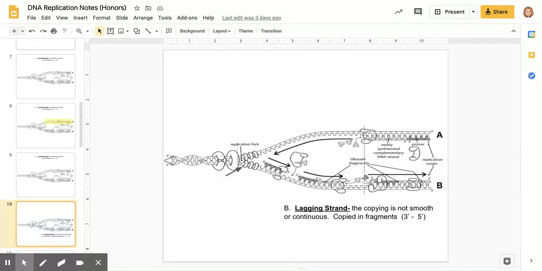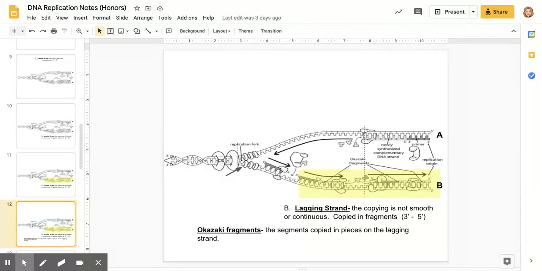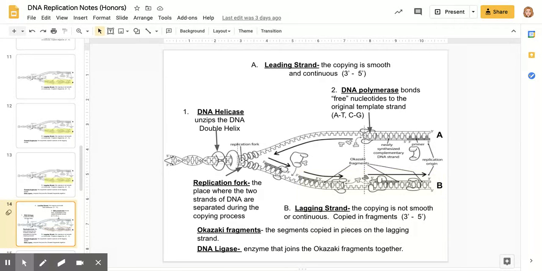The lagging strand adds the free-floating nucleotides in little fragments called Okazaki fragments, and they're highlighted there. And these fragments eventually get glued together by a molecule called DNA ligase. This is yet another enzyme.